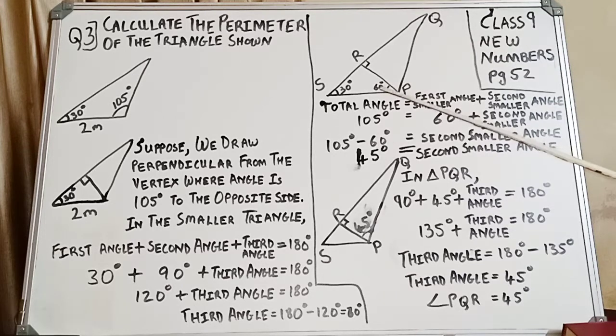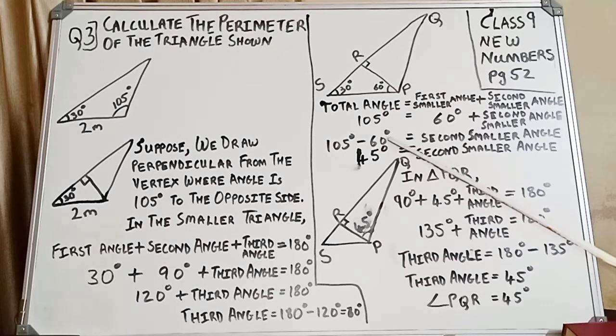So that is what we have written. The total angle is equal to the first smaller angle plus the second smaller angle. The total angle SPQ is 105, as mentioned in the question. The first smaller angle is 60 degree. The second smaller angle RPQ we are not aware of, so we find it: once the 60 degree moves to the other side of the equal sign, the minus sign will come.